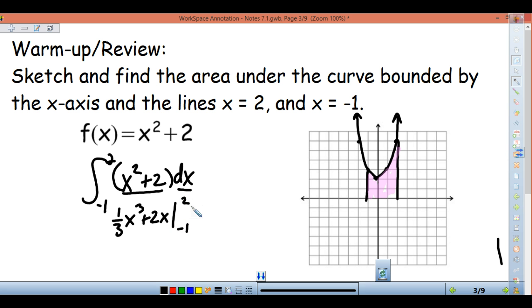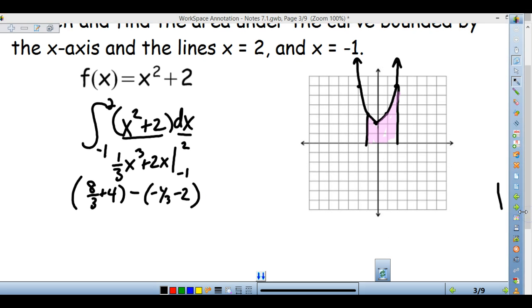We plug in our upper bound for x for all those values. So 2 cubed is 8, so I have 8/3 plus 4, minus, then I plug in -1, -1 cubed is -1, so -1/3 minus 2. If we finish the arithmetic on that one, I end up getting an area of 9.